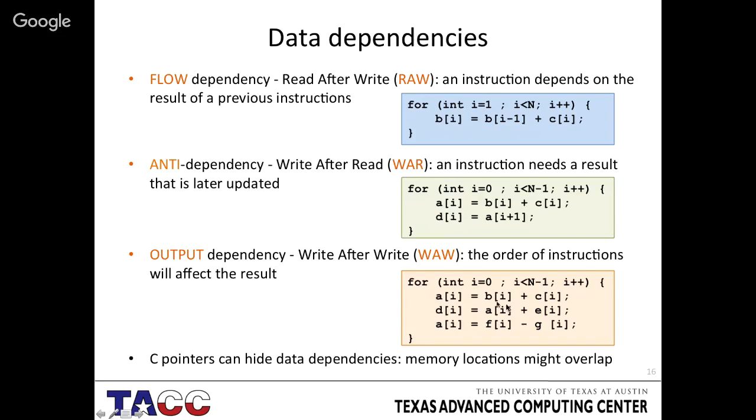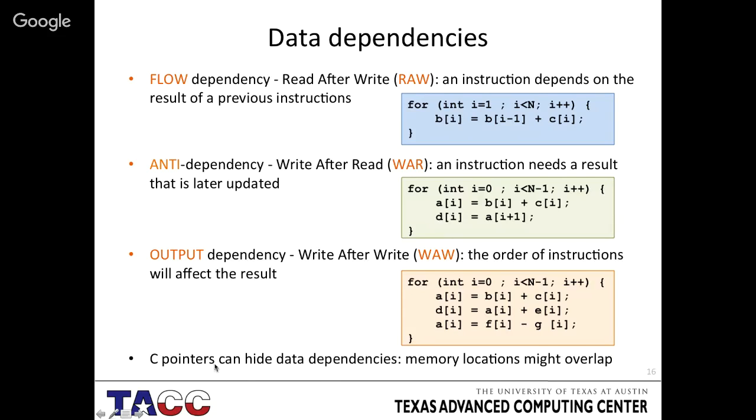The same applies for write after write. Here I have a write and another write, and I'm doing a read in the middle. I cannot exchange these statements in the loop, so it's not really independent operations, and therefore these things aren't going to vectorize.